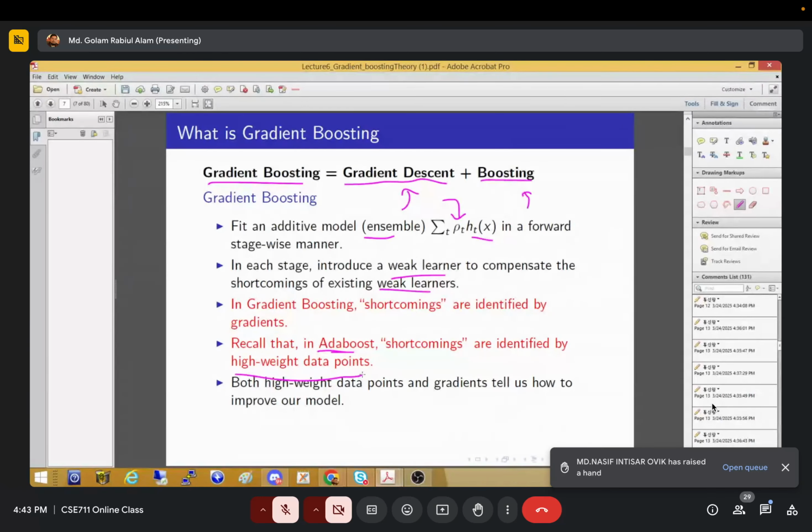In our previous lecture, I have already mentioned that we need to find out the misclassified instances, and then we need to increase the weight of the misclassified instances to pay more attention to them. So in case of AdaBoost, those are erroneous, and we increase the weights so that in the next iteration, when we build the next weak learner, those can get the higher priority.